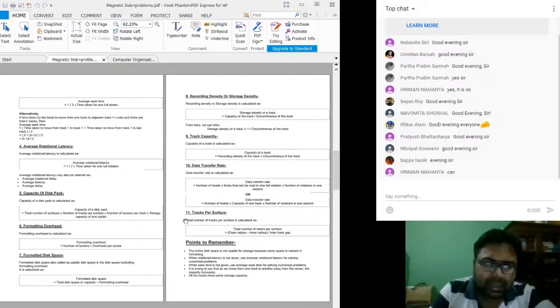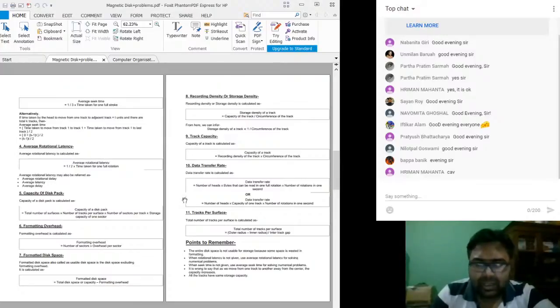Next comes tracks per surface. It is easy to understand: what is the number of tracks in an individual surface? It is the outer radius minus inner radius divided by the inter track gap. All of you are aware that tracks are placed one after another, and in between each track some space is kept.